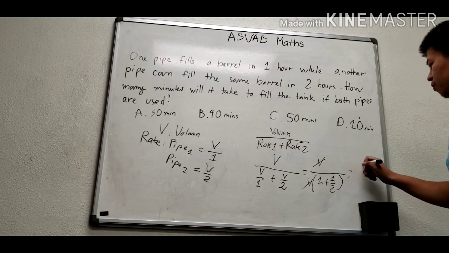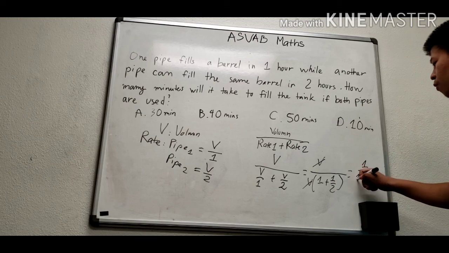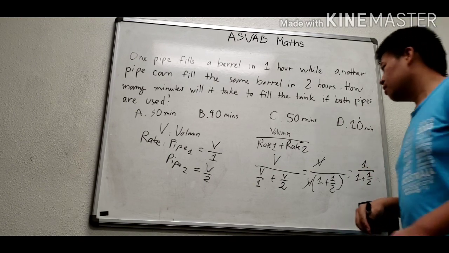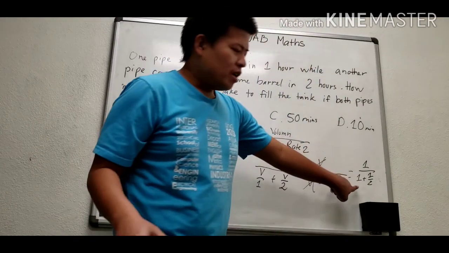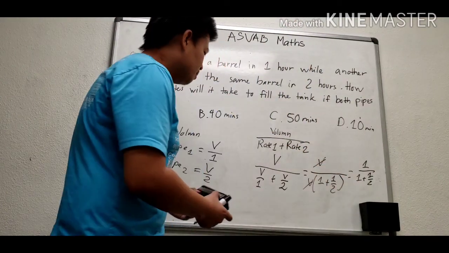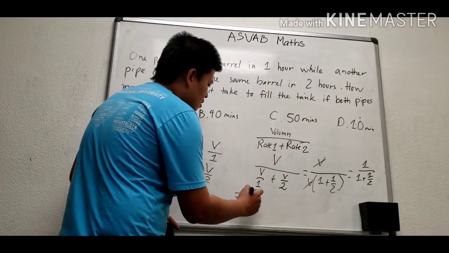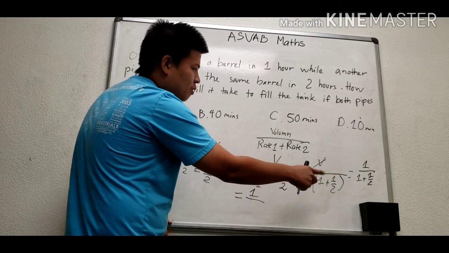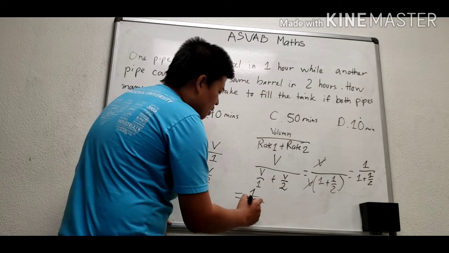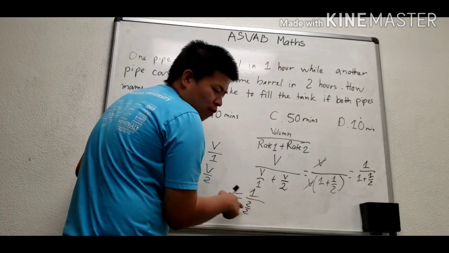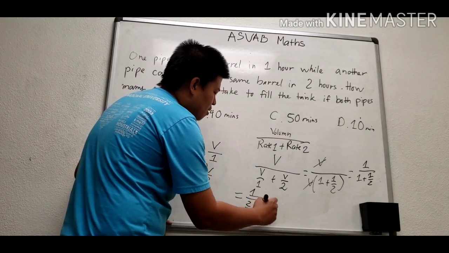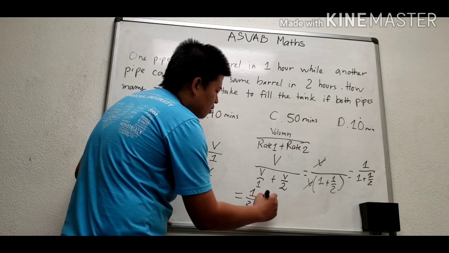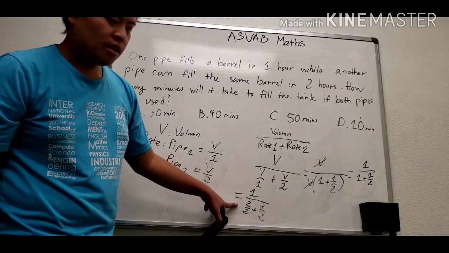We got about 1 divided by 1 plus 1 over 2. We can put it like this, 2 over 2 plus 1 over 2 in here.